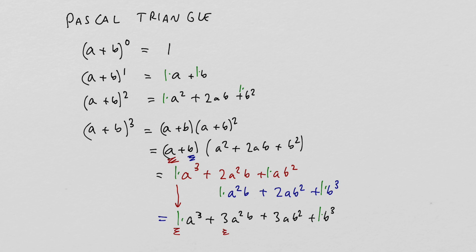This 3 is the sum of 2 and 1. This 3 is the sum of these 1 and 2. And this one just came from here. By picking up the coefficients in these expressions, we can draw a triangle.